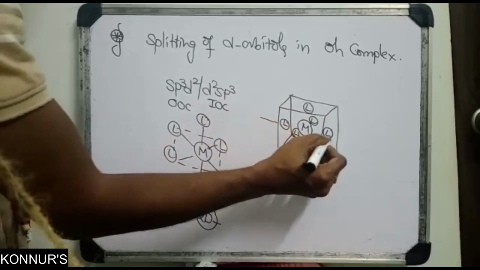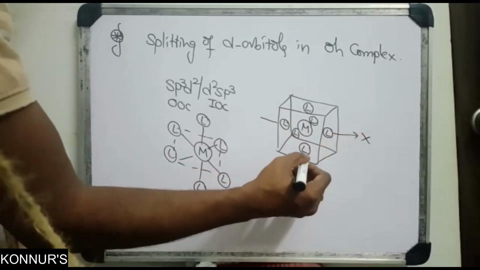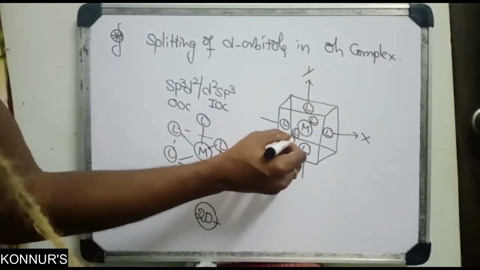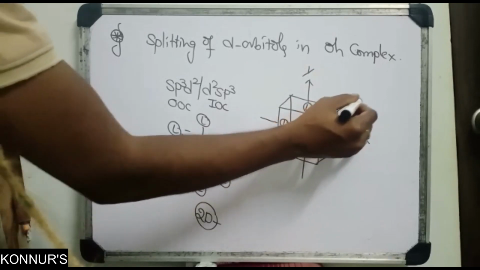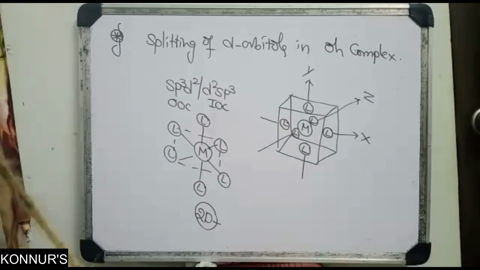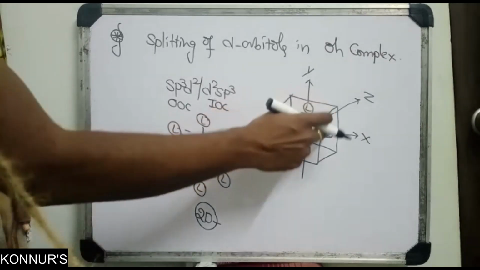The ligands approach the metal on the x-axis, on the y-axis, and on the z-axis.